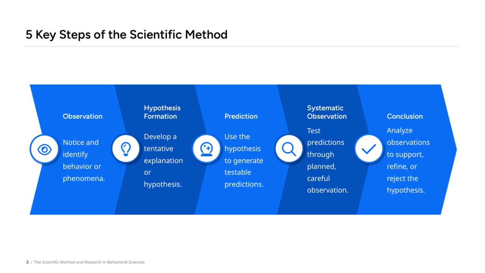Then comes systematic observation, where we carefully plan and conduct experiments or gather data to test these predictions. Finally, we analyze our results to draw conclusions, which might support our original hypothesis, require us to refine it, or even reject it altogether. This process ensures that our understanding is grounded in evidence.